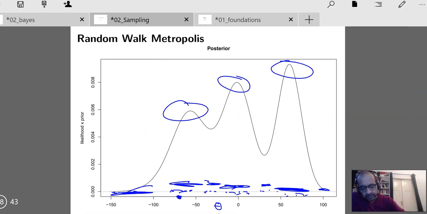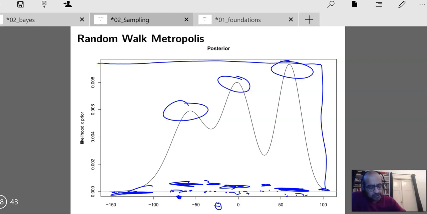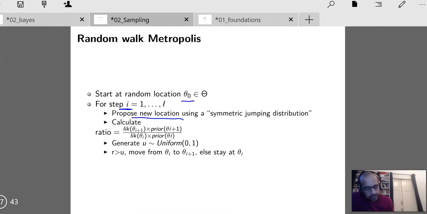Imagine that I could have defined a uniform distribution like this, and I'm going to use that uniform distribution to propose a new move on this x-axis. I can propose a new move to, for example, here, by getting this value and then mapping it to this point here. So I can propose a new location in this way by using some other distribution.